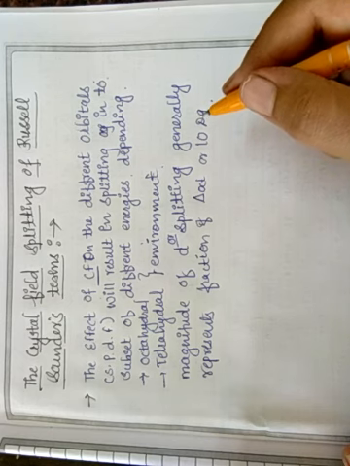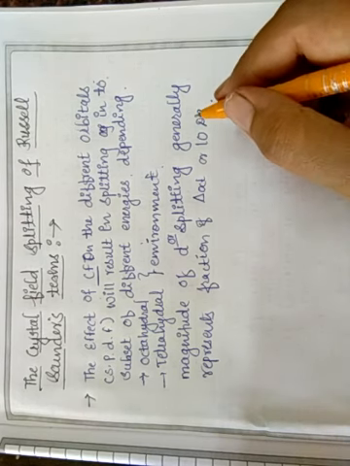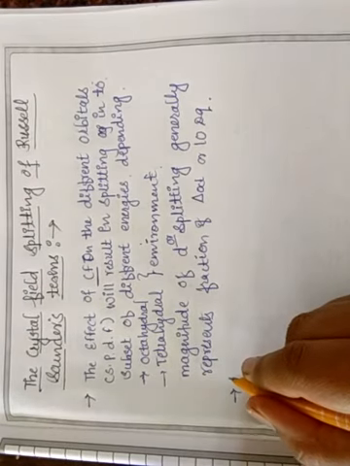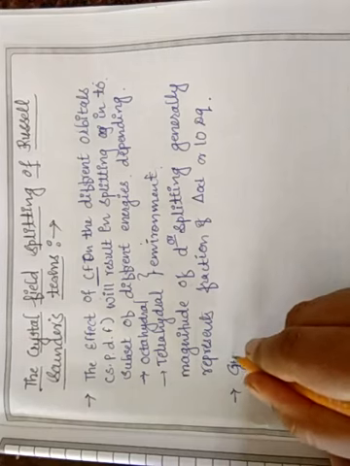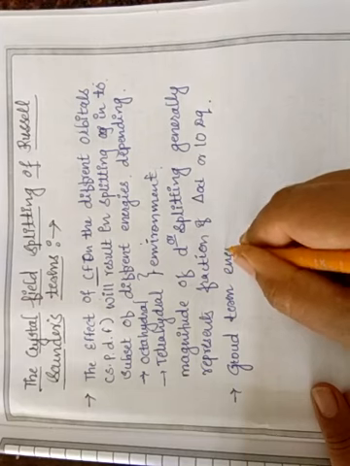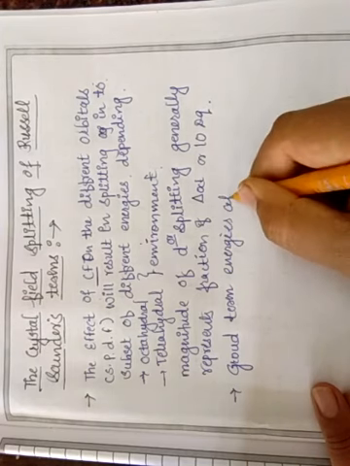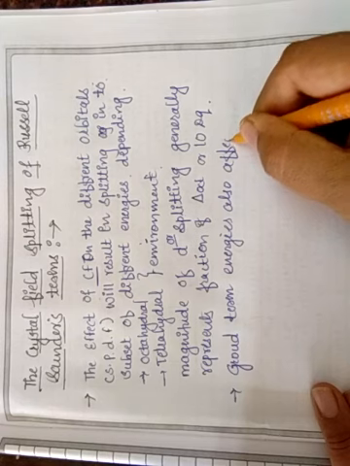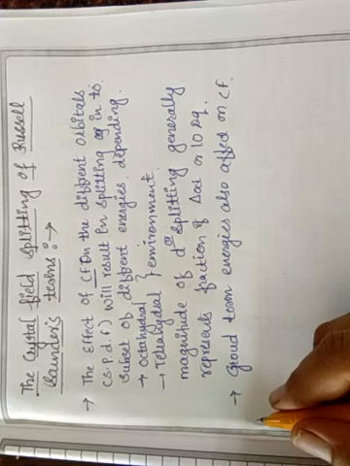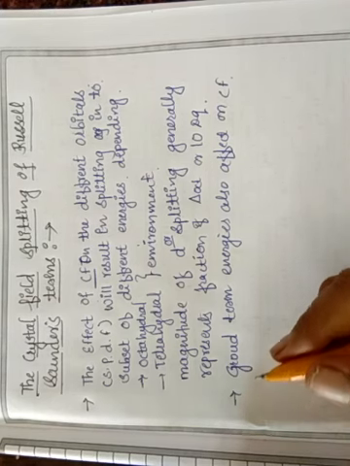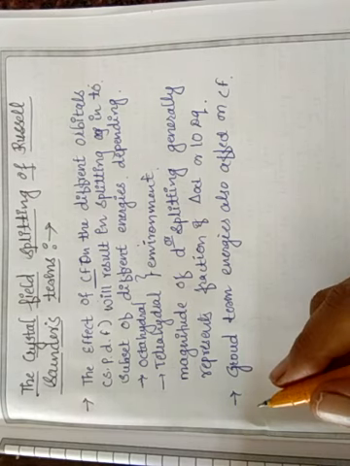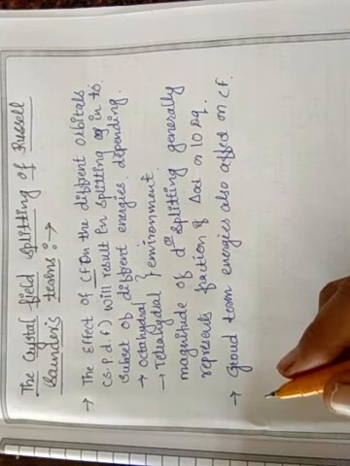Then ground term energies for the free ion are also affected by crystal field splitting. Ground term energies are also affected by crystal field splitting. Then an analogy can be made between the orbitals and ground terms that are related due to the angular part of their electron distribution.